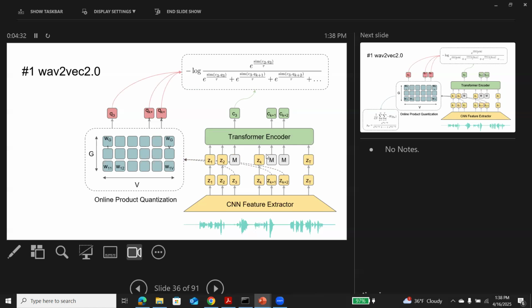So we want to make the vector after this codebook as similar as possible to the output from this transformer model. And there is a problem that the model will learn, for example, a constant embedding for silence, because we typically have more silence in audio tokens.